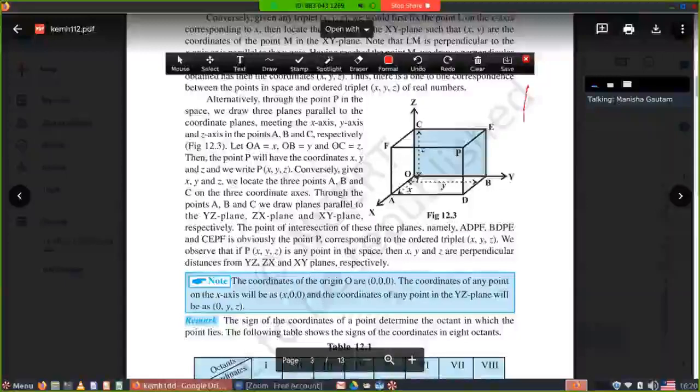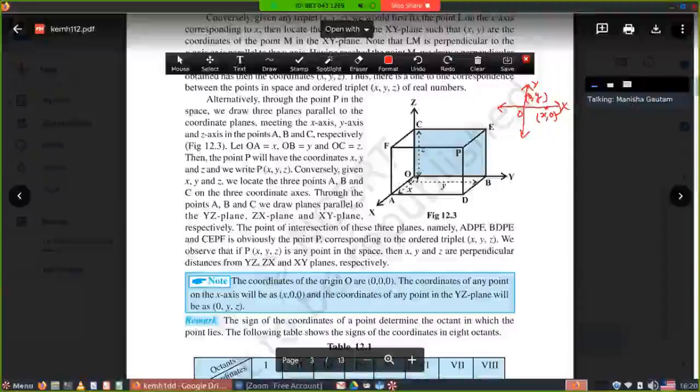If any point is lying on the axis, what are the coordinates of the point? If the point is lying on the x-axis, it means only the x coordinate will be given and y will be 0. If the point is lying on the y-axis, then x is 0 and only the y coordinate is there.